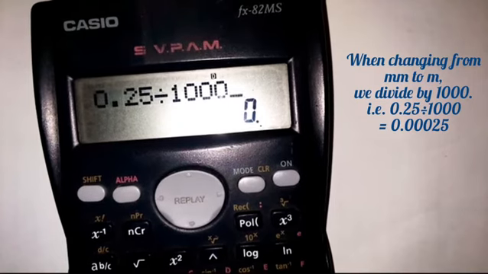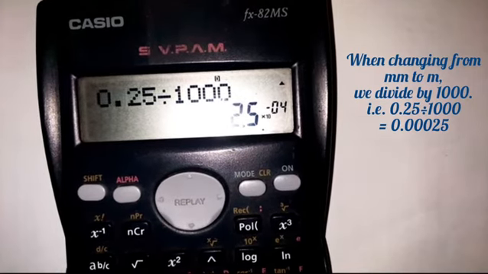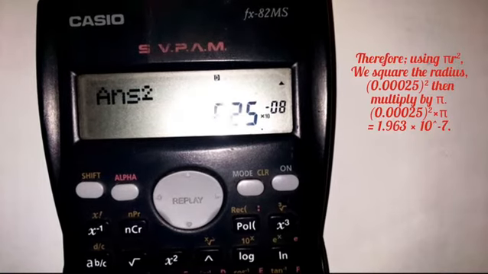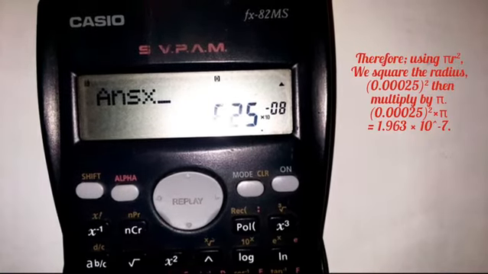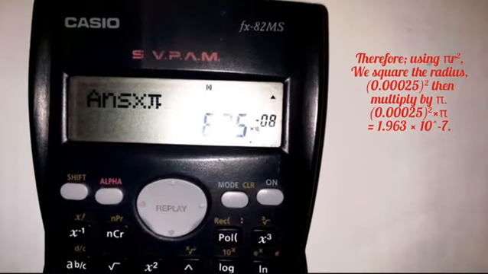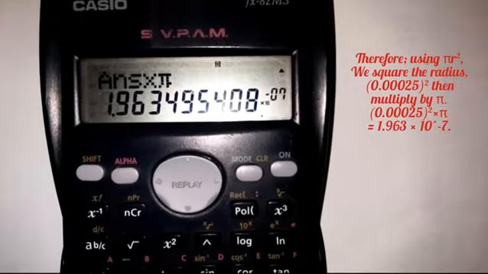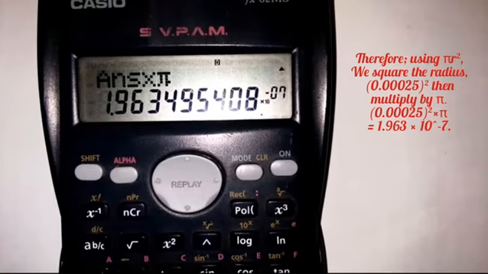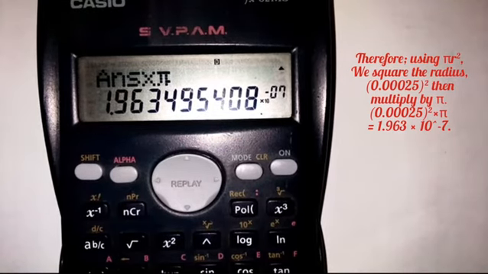That's by dividing by 1,000. We can now square and multiply by pi. So our cross-sectional area is 1.96 times 10 to the power of -7.